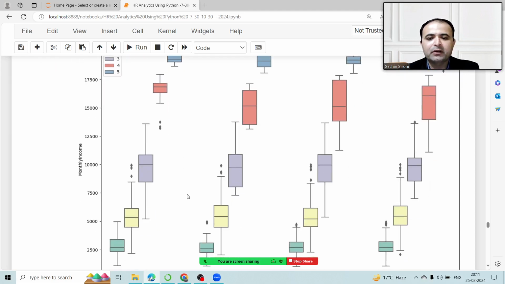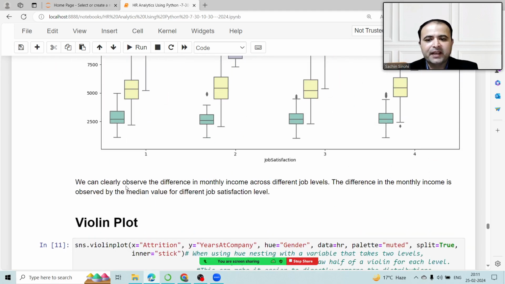We can clearly observe the difference in monthly income across different job levels. If we have different job levels, the difference in monthly income is observed by the median value for different job satisfaction levels.